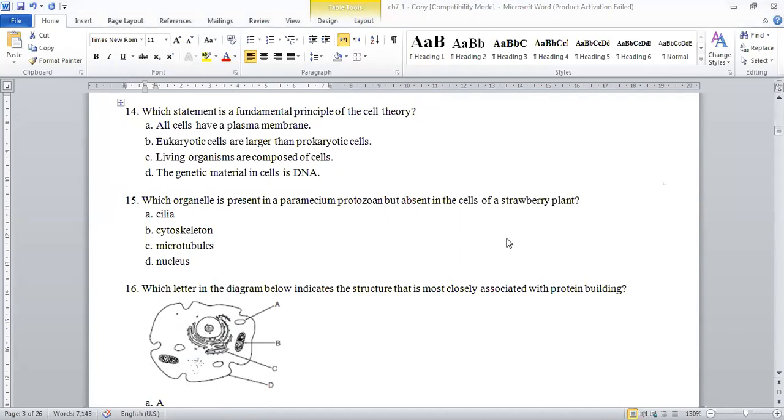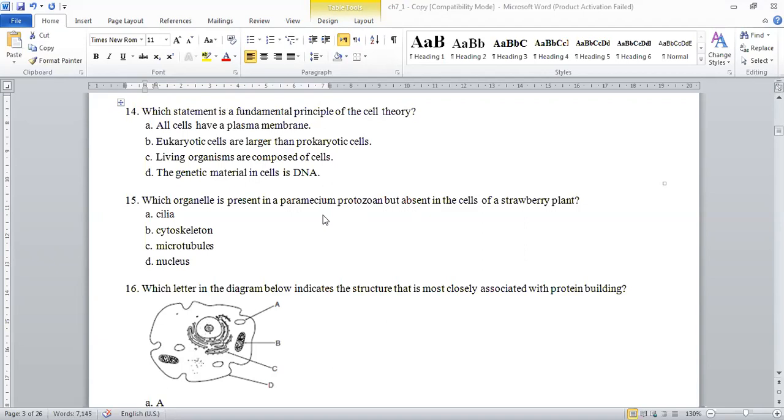Okay, Sombol, answer the question. Which statement is a fundamental principle of the cell theory?